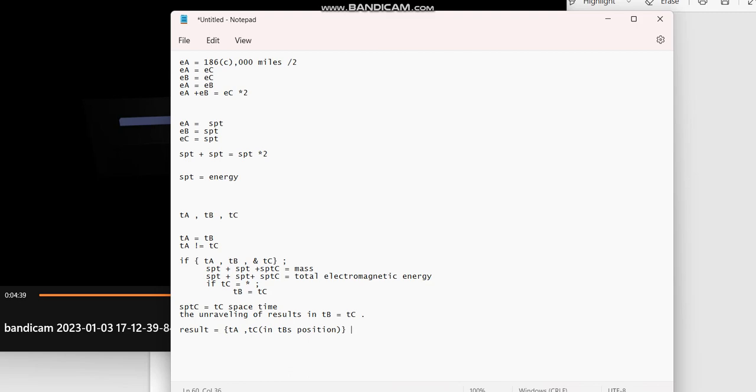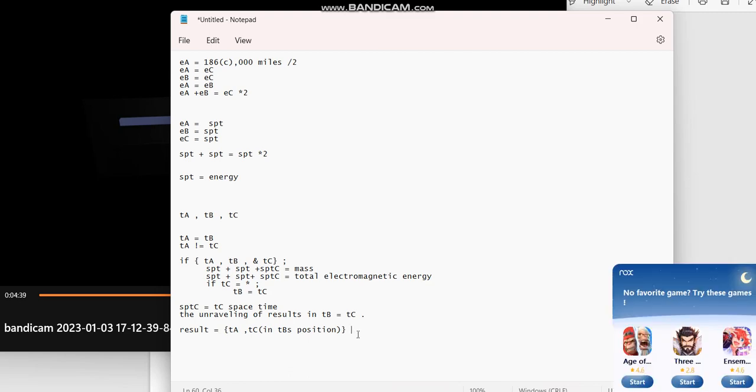One could say that TB was destroyed, actually, in position in place of TC's. And there's a lot of things you could say, but eventually the effect is TA is entangled with TC in TB's position. Teleportation.